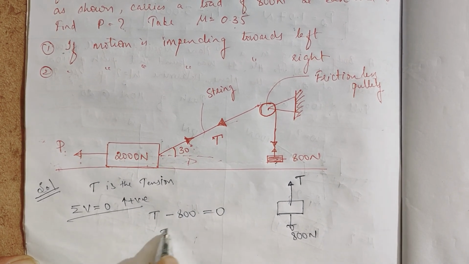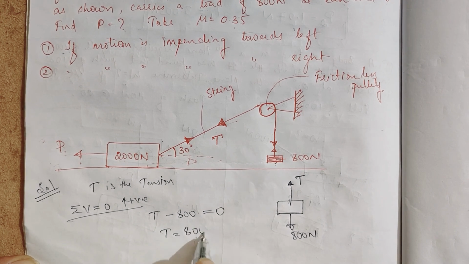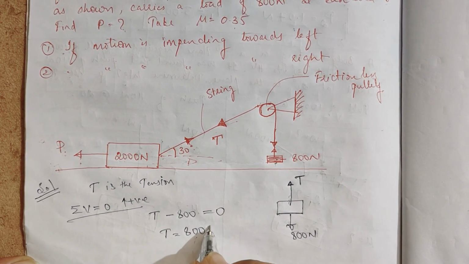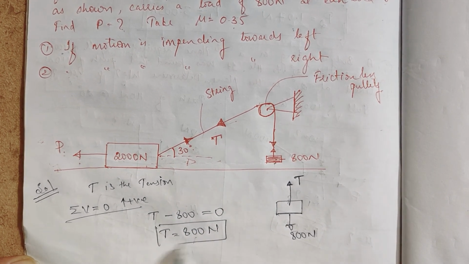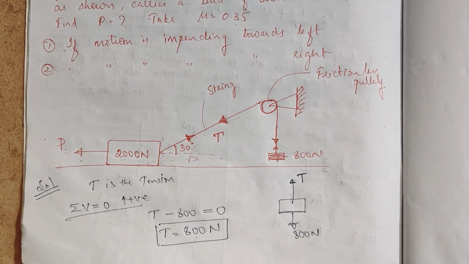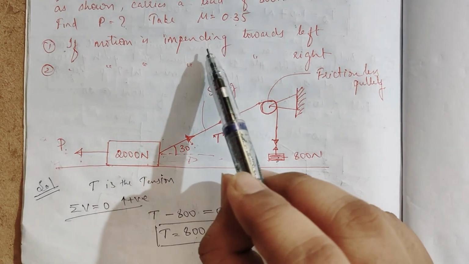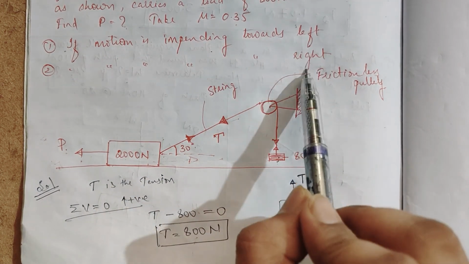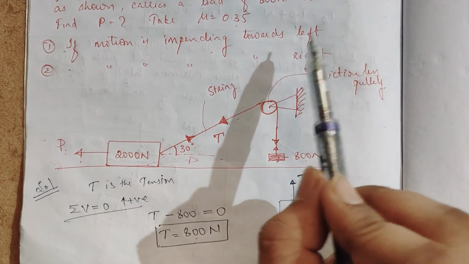So the value of T we get directly, that is 800 Newton. So we got the value of T. Now we'll apply the cases: motion impending towards right and motion impending towards left.